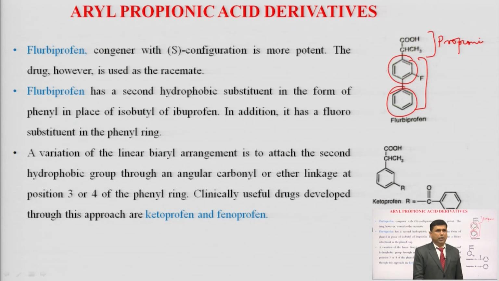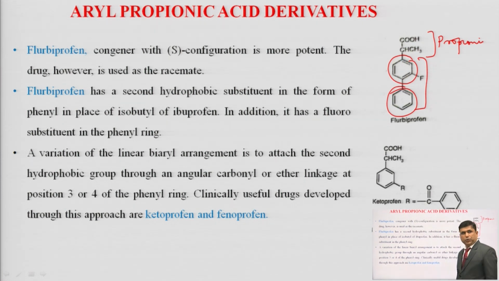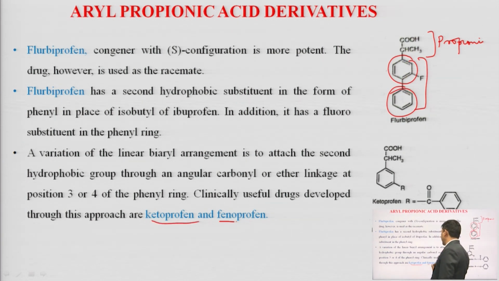A variation in the linear biaryl arrangement attaches the second hydrophobic group through an angular carbonyl or ether linkage at position 3 or 4 of the phenyl ring. The drugs that come here, as the names indicate, are ketoprofen and fenoprofen.